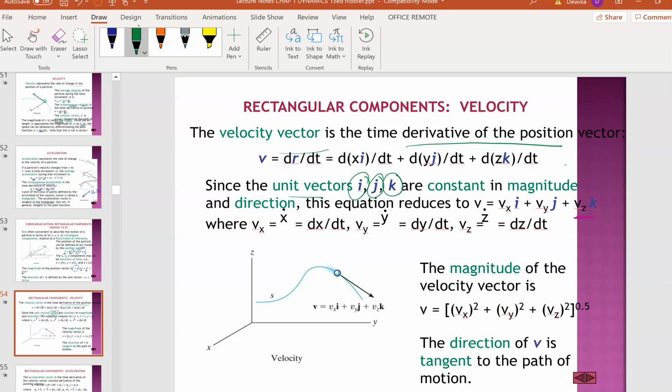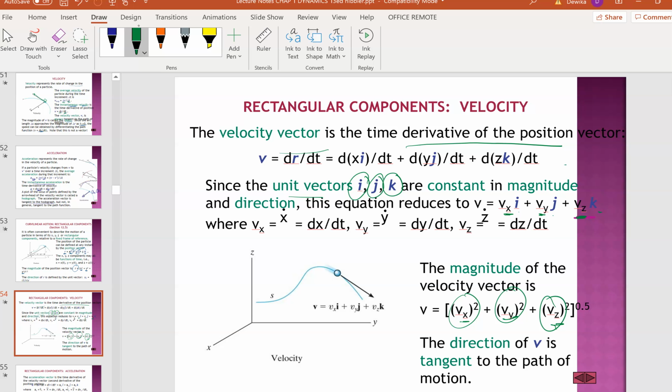The velocity components are vx in the x-axis, i, plus vy, j, plus vz, k. The magnitude will be the square root of the sum of the squares of x, y and z.